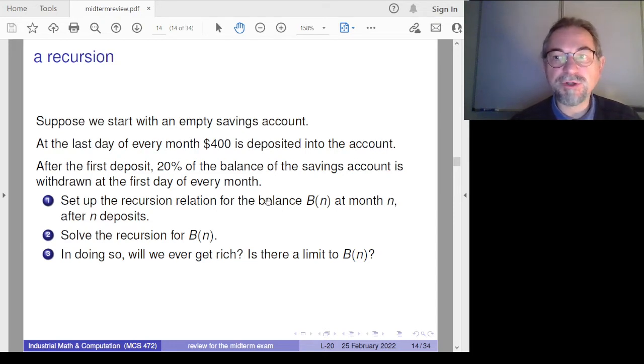So let's set up the recursion relation, solve the recursion relation, and with this scheme, so we take 20% of the 400 deposited out. Will we ever actually get rich? So is there actually a limit to the balance if we keep on doing that?